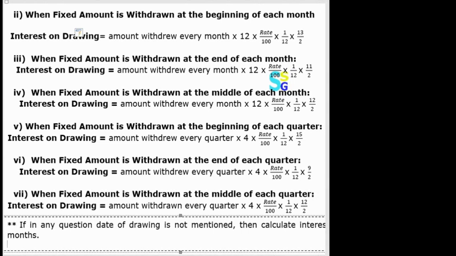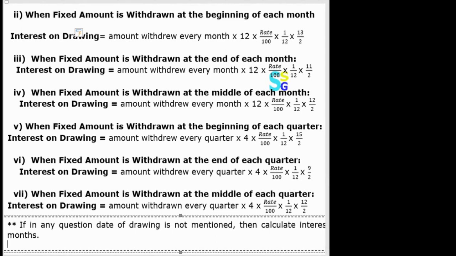So at the beginning of each quarter means you have withdrawn money here on 1st January, then you withdrew money on 1st April, then on 1st July, then on 1st October. The partner who withdrew on 1st January obviously has to pay the interest for the whole year.